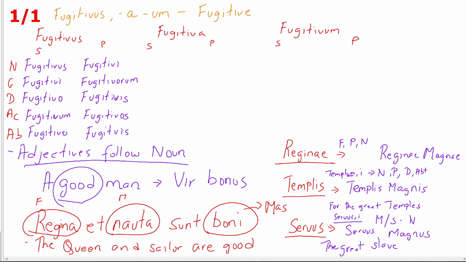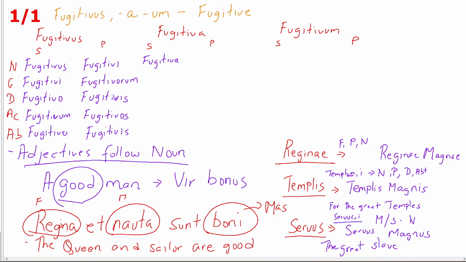For the feminine, Elsa. So feminine nominative would be fugitiva. Okay.